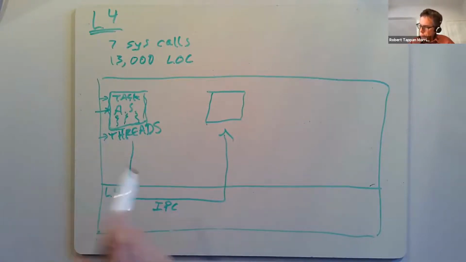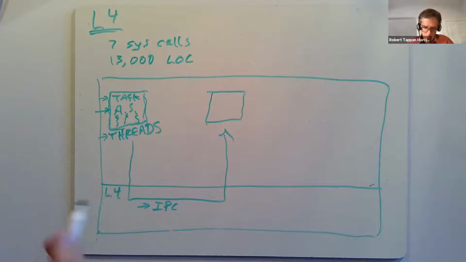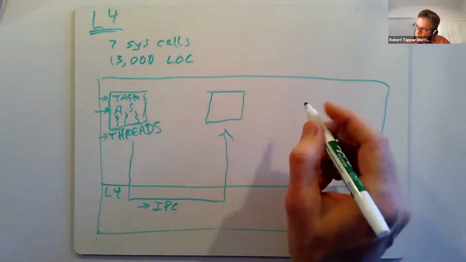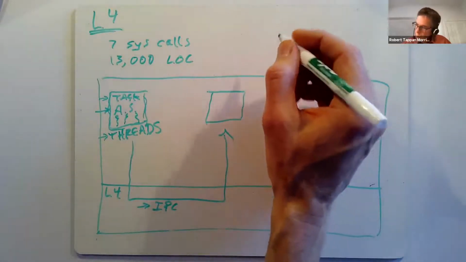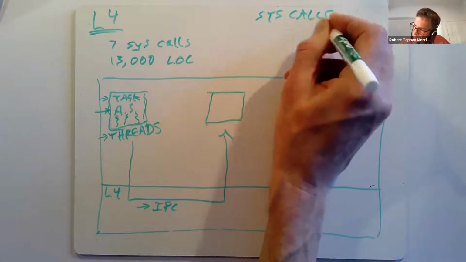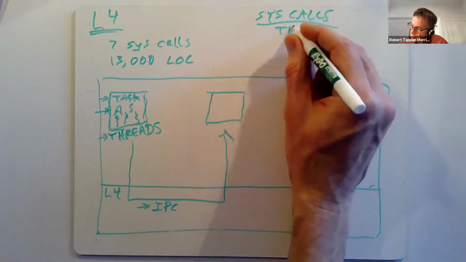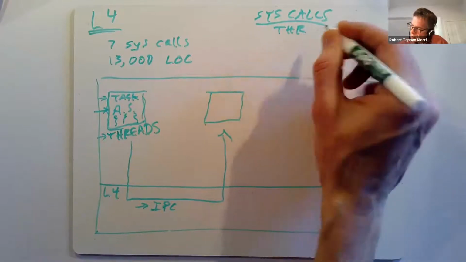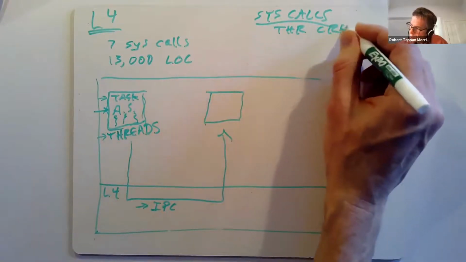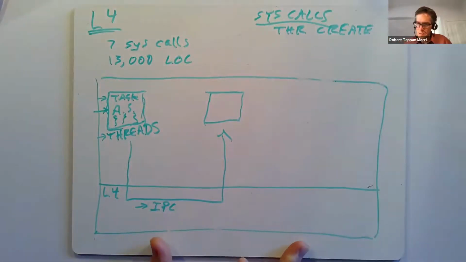So task, threads, address spaces, and IPC were really the only abstractions. The system calls, I don't know if I'll be able to list them all, but there was a thread create system call, which you also gave an address space ID and asked it to create a new thread.